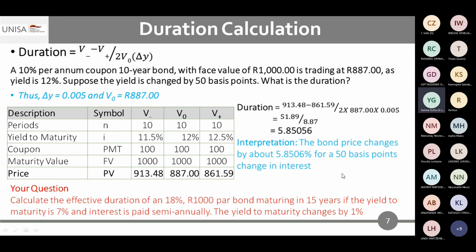No, that's just how you quote 0.5% in numerical form. It's 0.005. Imagine it to be 0.5. You're going to say 0.5% divided by 100 gives you 0.005.